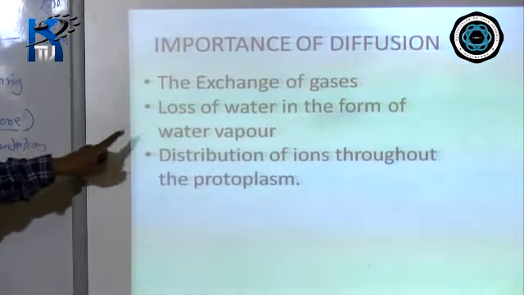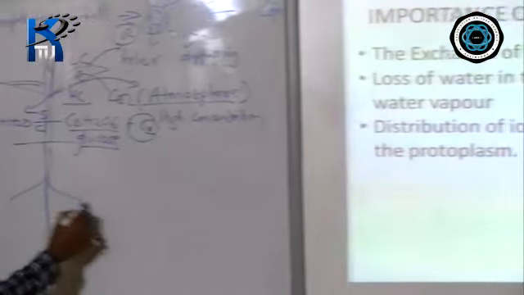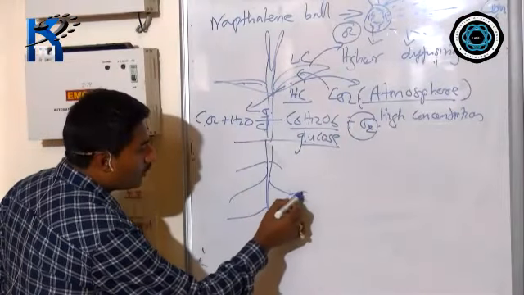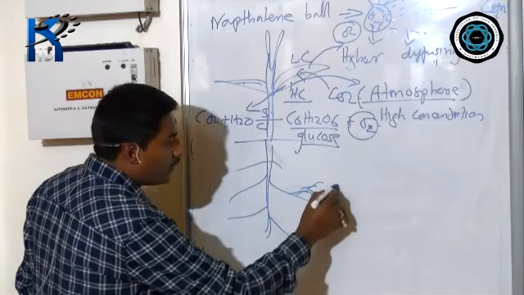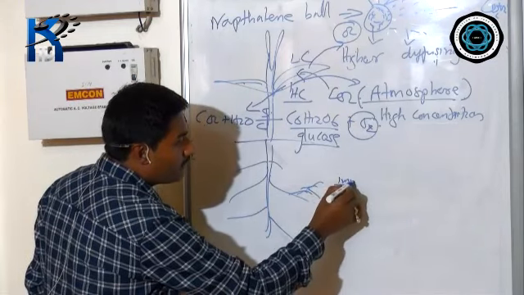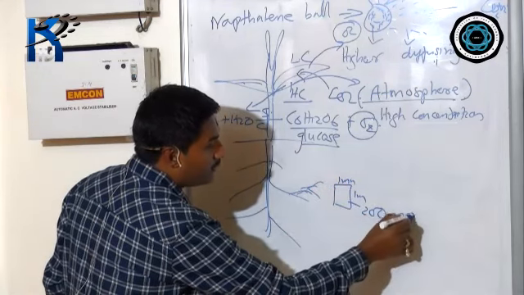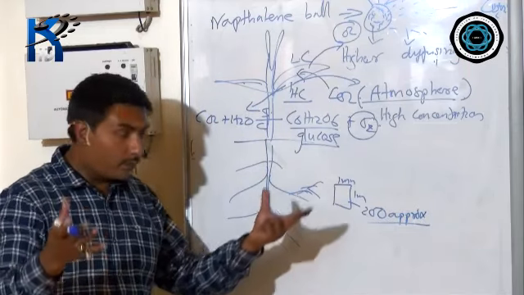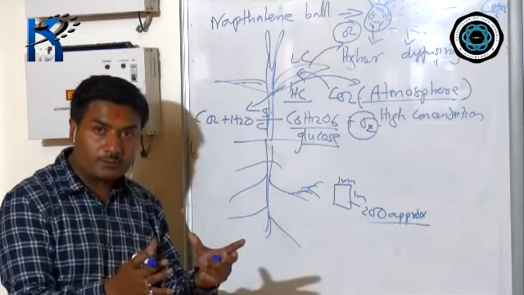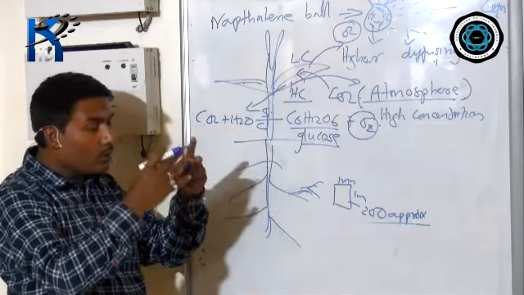Next, number two, loss of water in the form of water vapor. You see that so many roots are there. The root contains root hairs, and in the previous part I told you that in 1 millimeter by 1 millimeter by 1 millimeter there are approximately 200 root hairs. When there is more surface area for the absorption of water and minerals, the water being absorbed by the plant becomes excess.